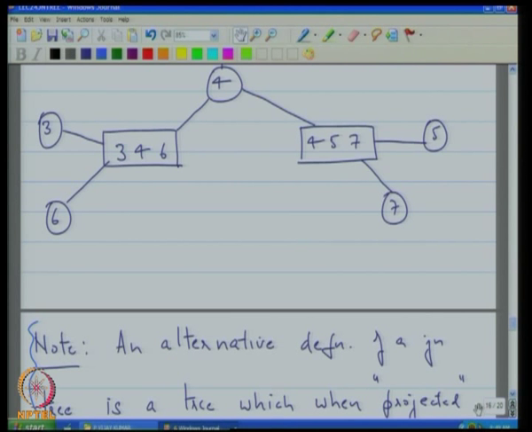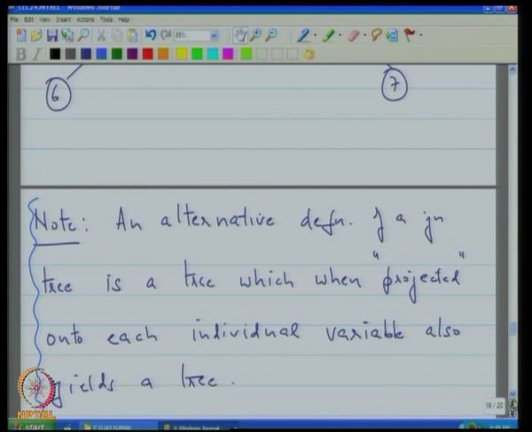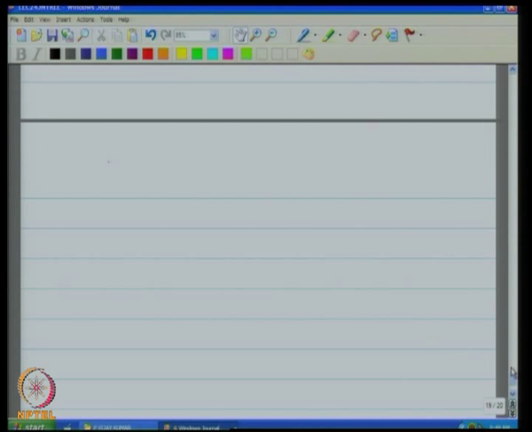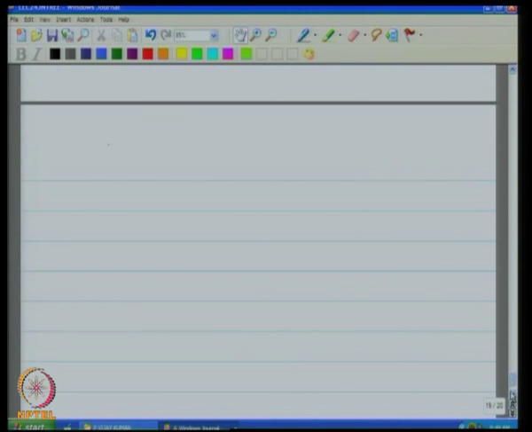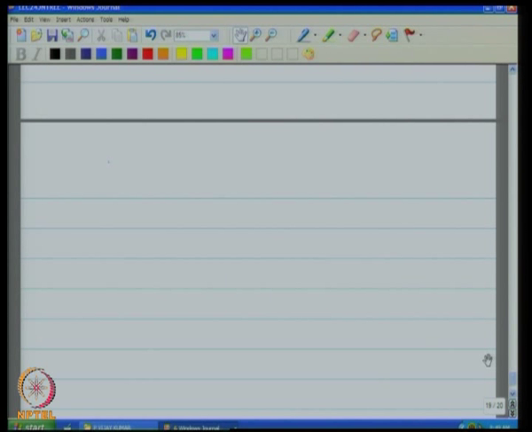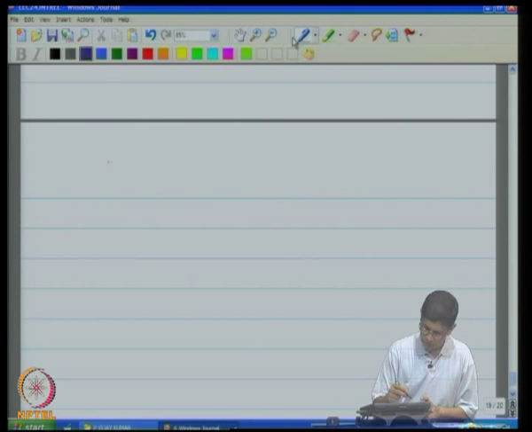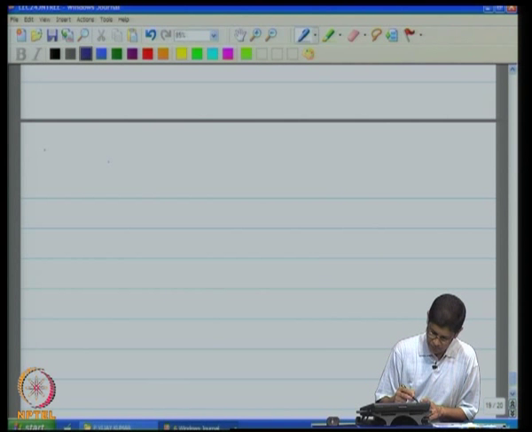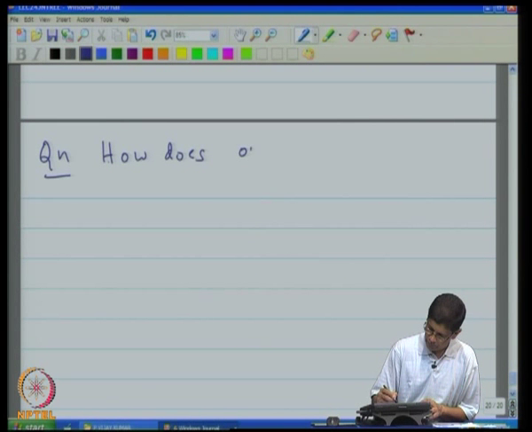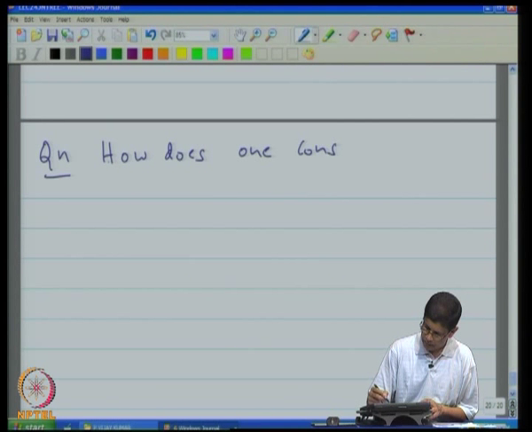Now, having done that, the next question that arises is: you define a junction tree, but how do I go about constructing a junction tree? So, this raises the question, how does one construct a junction tree?